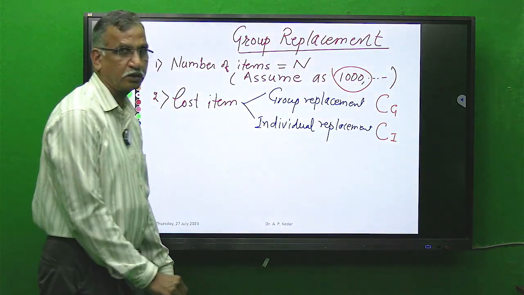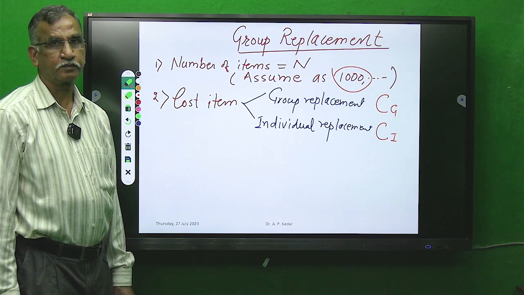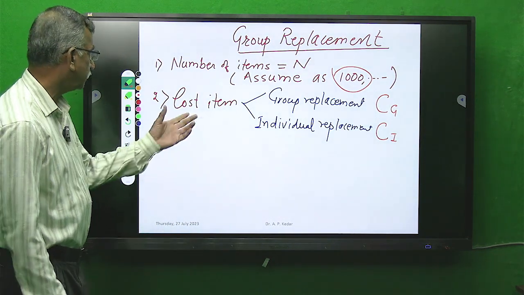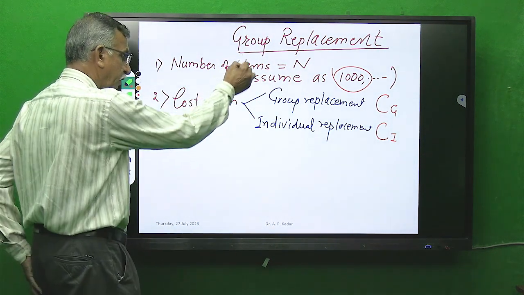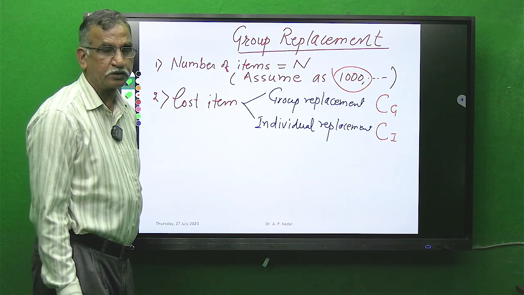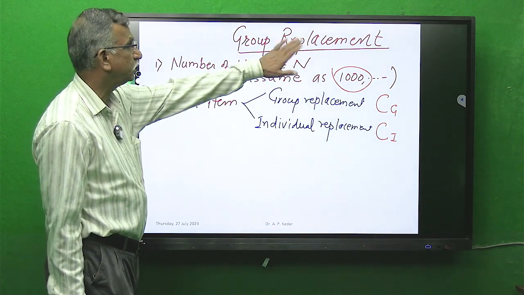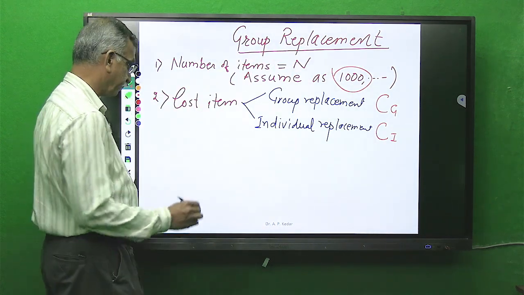This is the notation which we will be using. This is very essential data that is required for analysis in the group replacement model.